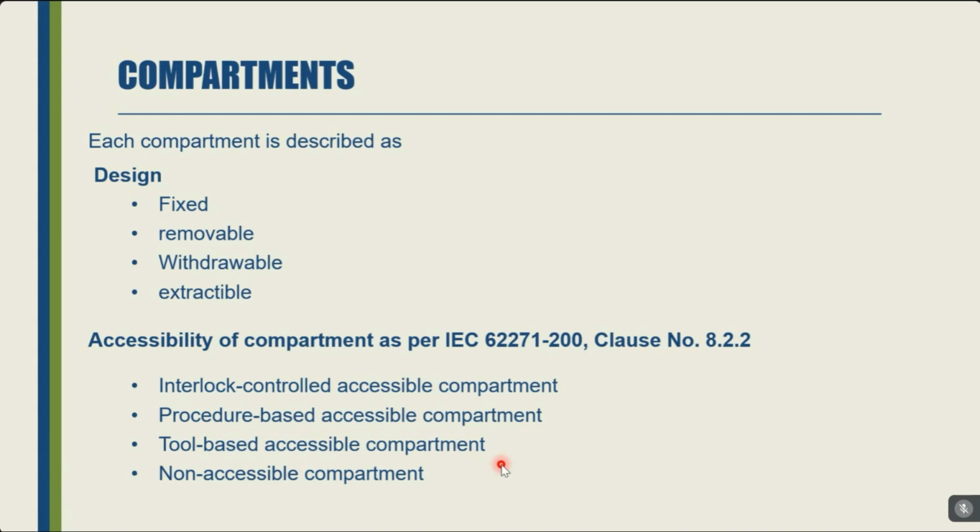You have a lot of tools for racking in, racking out, circuit breaker handling tools. With those tools only you can access the compartment. And finally, non-accessible compartment. There are some compartments which you cannot access by bare hand, irrespective of any interlock you keep in the system. So these are the four types of accessibility compartments that are defined in the IEC standard.